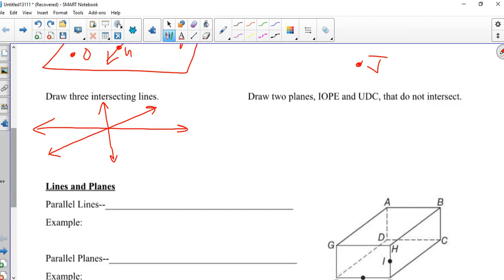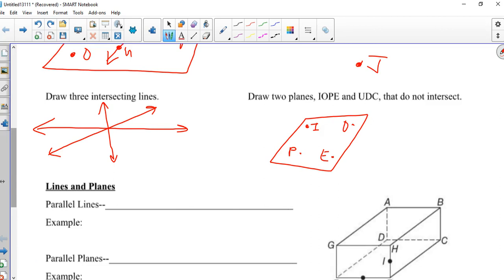Draw 2 planes, IOPE and UDC, that do not intersect. Well, in this case, all we do is draw a plane and put our I, O, P, anywhere. You can make it up any way you want. You can mix the letters up, put them anywhere you want.